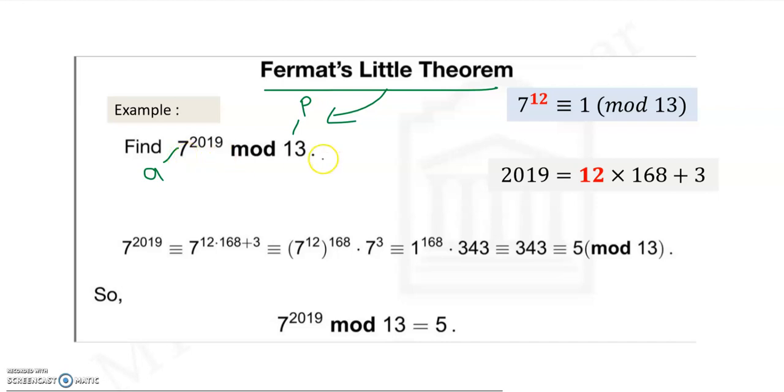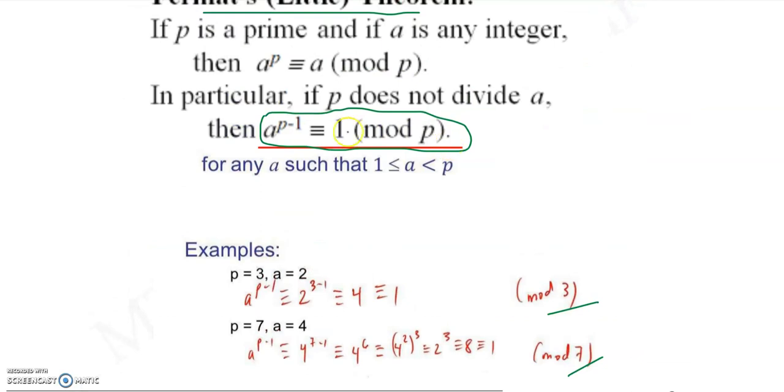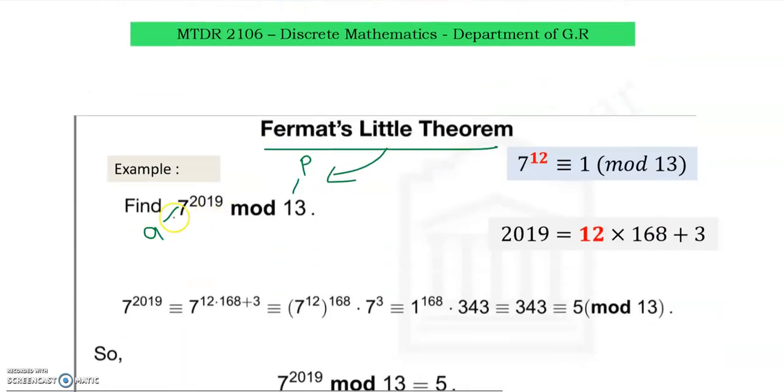So by Fermat's little theorem we can write a to the power p minus 1 is congruent to 1 modulo p. Now here a is 7, so 7 to the power 13 minus 1, that is 12, is congruent to 1 modulo 13, by Fermat's little theorem.